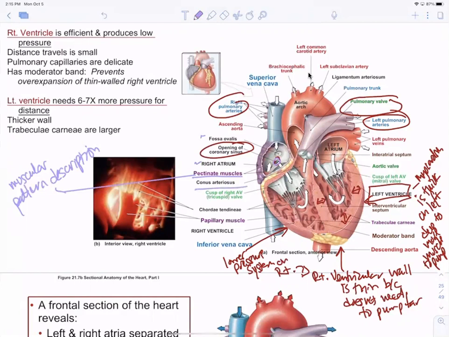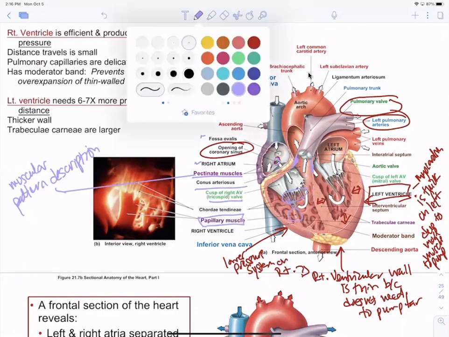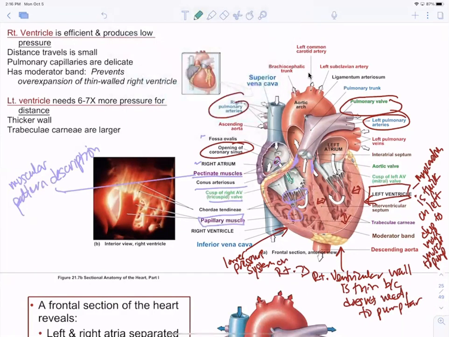Conus arteriosum is where it funnels here to the pulmonary valve and the pulmonary trunk. Chordae tendineae are these cords that hold those valves to the papillary muscles here. So when the heart muscle contracts, these muscles contract as well, and they pull on those cords to make sure that these valves stay shut. And so the blood, if you notice, this blood has arrows. You only want the blood to go in one direction.